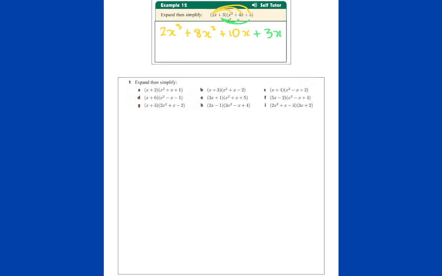Plus 3x squared plus 12x plus 15. And then simplify by getting our like terms together.